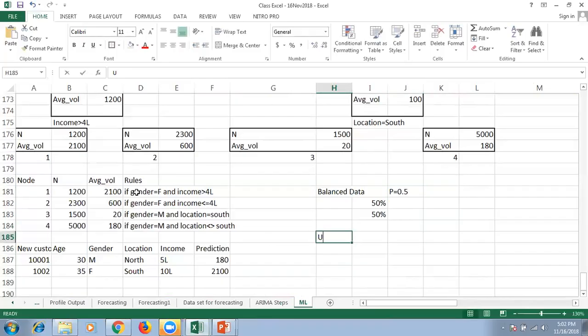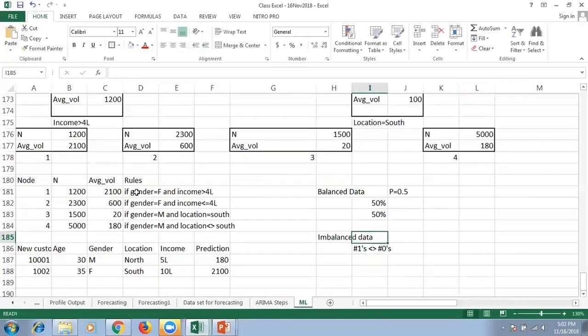If the data is imbalanced, that means one is less than the other, not similar. The number of ones is not equal to the number of zeros.